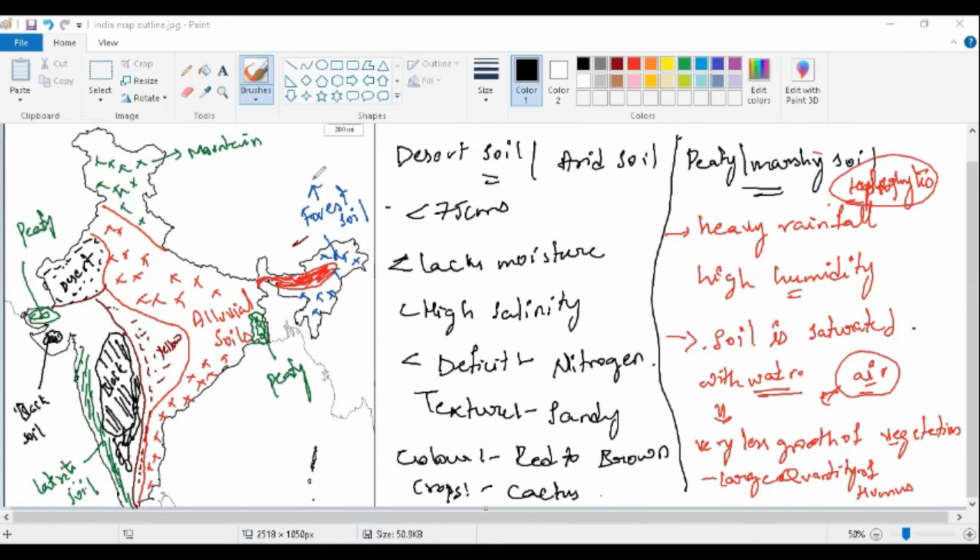In this you'll have high precipitation but low erosion, because you'll have trees which connect the soil particles together. But that is not the case with laterite soil. So that is with soils, and you are supposed to remember this picture.